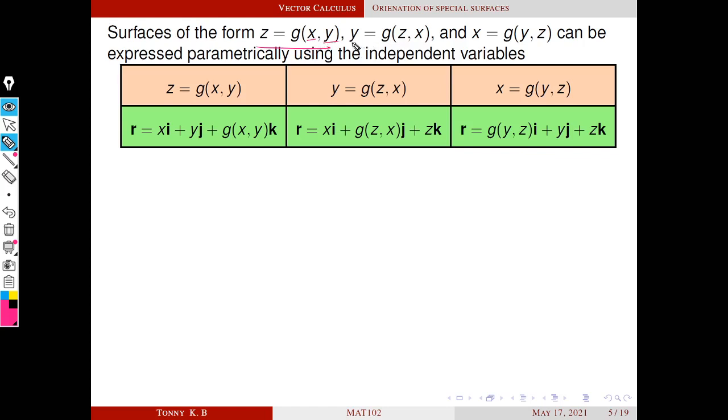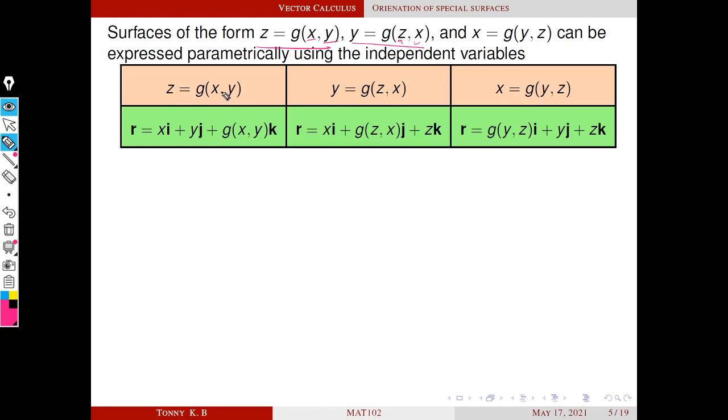Similarly, suppose a surface is of the form y is equal to g(z,x). Then we can treat u as z and v as x. So everything is in terms of two things, that is z and x. Similarly, this case also. Suppose z is equal to g(x,y).